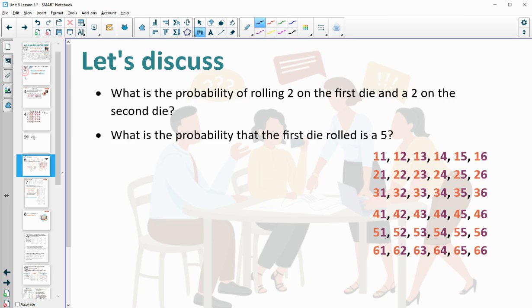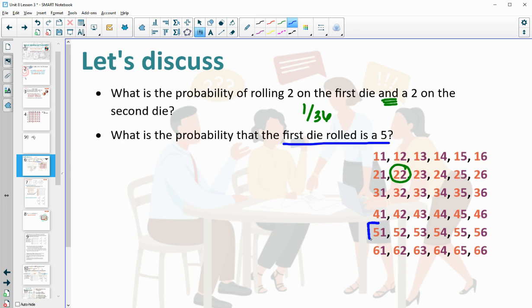And so now that we have the sample space, what is the probability of rolling a 2 on the first die and a 2 on the second die? So we need to roll double 2s. And we see that here once out of 36 times. So there's one way to do that out of 36. What is the probability that the first die is a 5?